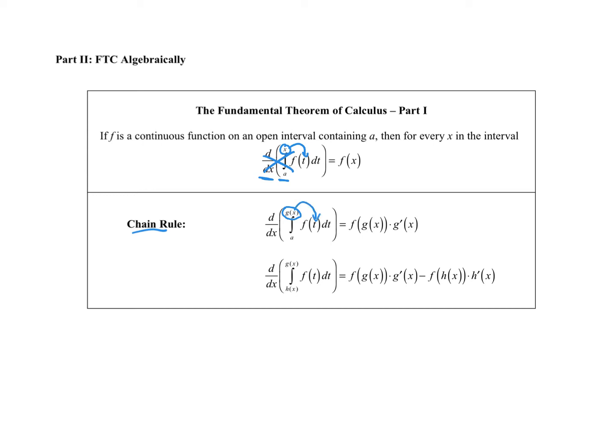When you plug g of x in for t, you get f of g of x, but then we have to multiply by g prime of x because of the chain rule. Now in both those examples, we ignored this a down here. We ignore the constant because the derivative of a constant is 0.